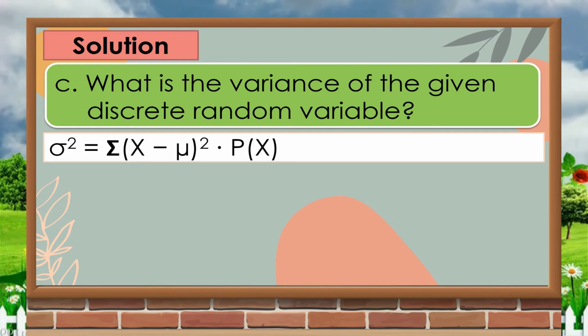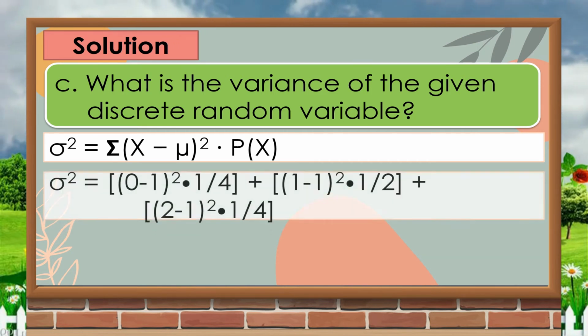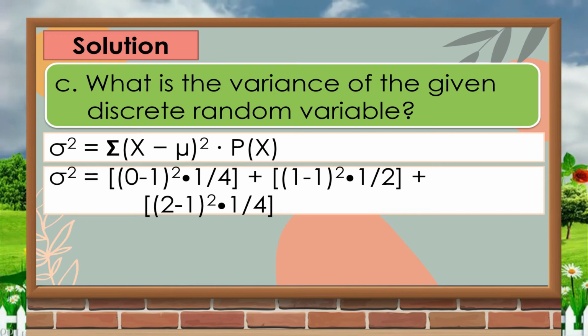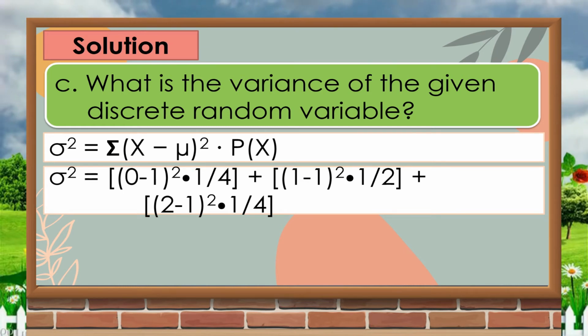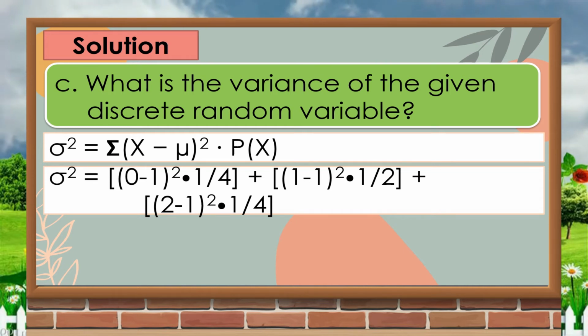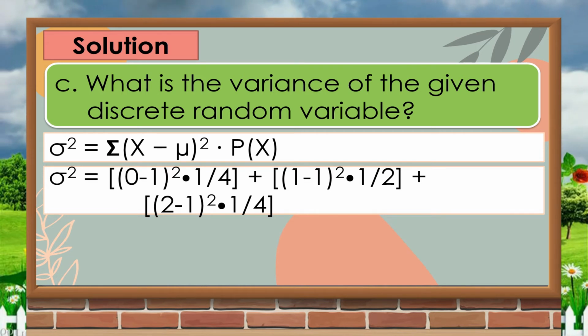Substituting the formula, we have sigma squared is equal to the quantity of 0 minus 1 squared, multiply it to 1/4, plus the quantity of 1 minus 1 squared, multiply it to 1/2, plus the quantity of 2 minus 1 squared, multiply it to 1/4.